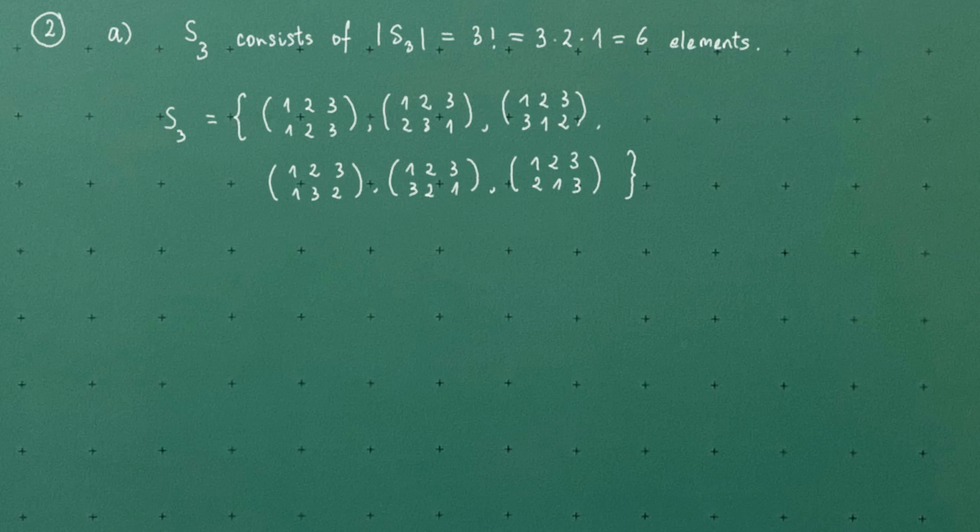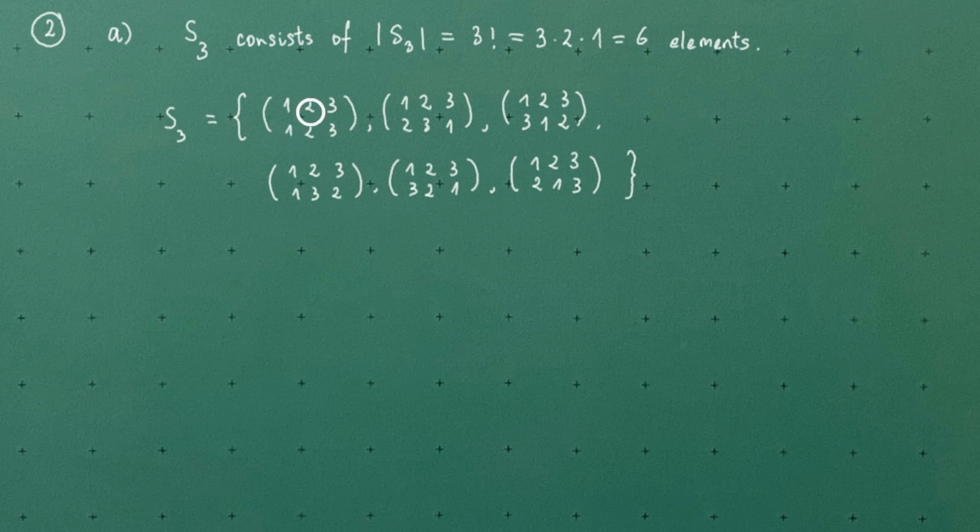Why? Or here written as 3 factorial, 3 times 2 times 1. Why? We have to map these numbers bijectively onto themselves. So for the first number, I have here 3 possibilities. I could write 1, 2, or 3 here.